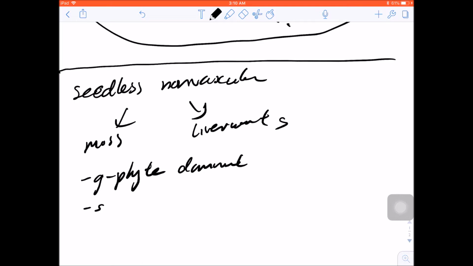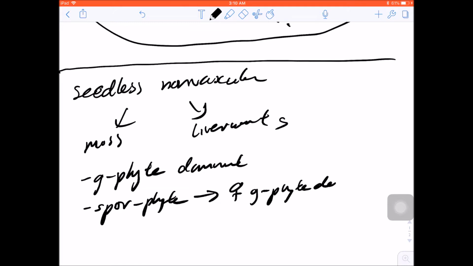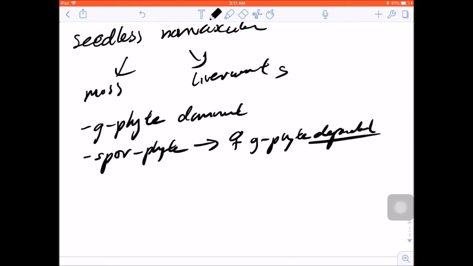The sporophyte on these guys actually is dependent on the female gametophyte for nutrition and water. So it basically juts out of the female gametophyte. And we'll get into that as we get into the life cycles of them.